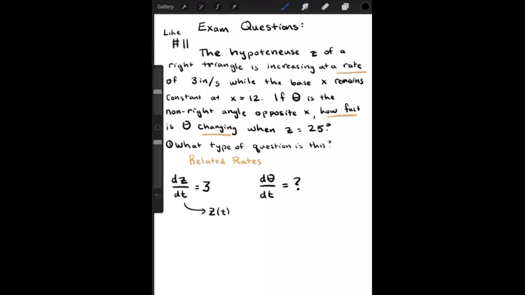Right? We don't necessarily have to write it down that way each time, but we need to remember that z is actually a function of t, and so is theta. Both of these are going to be changing with respect to time.